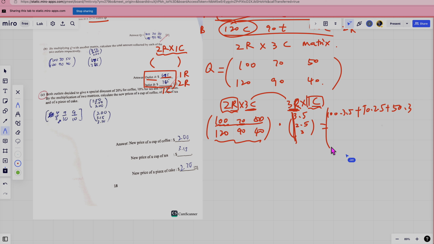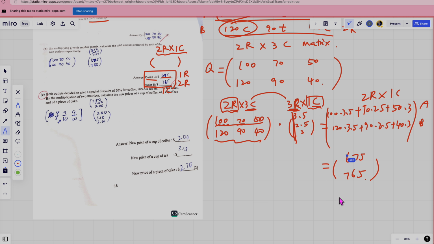This will give you your first row of the 2 by 1 matrix, which is outlet A. Then this one will be 120 times 3.5 plus 90 times 2.5 plus 40 times 3. This will give you B. Then after that, you just simplify it to 675, then 765.